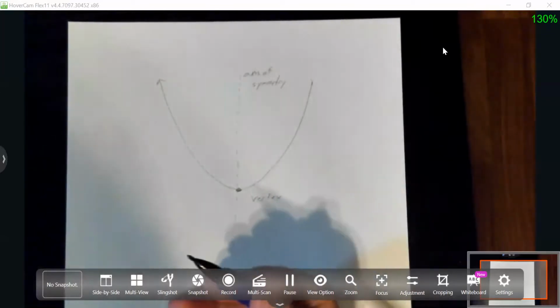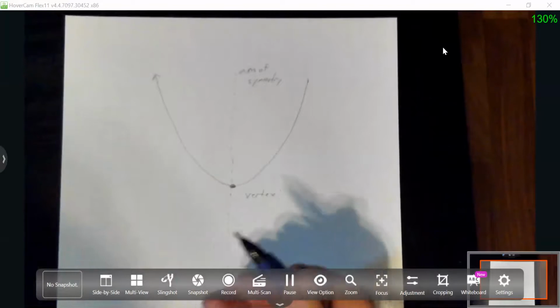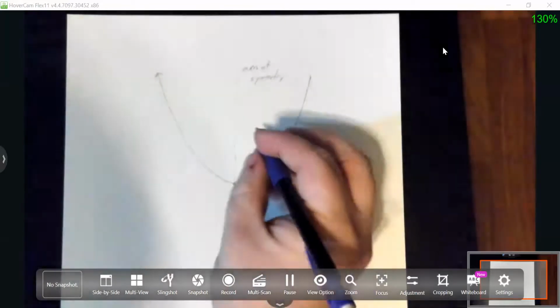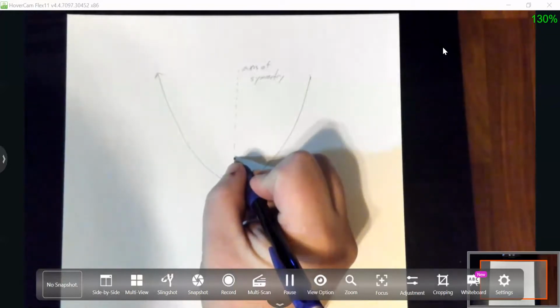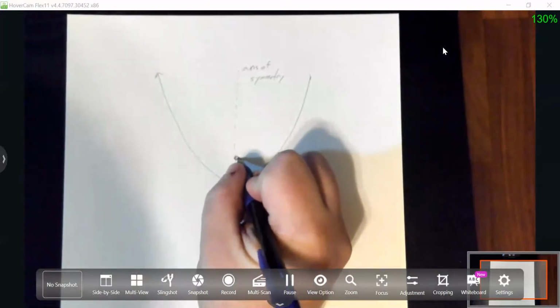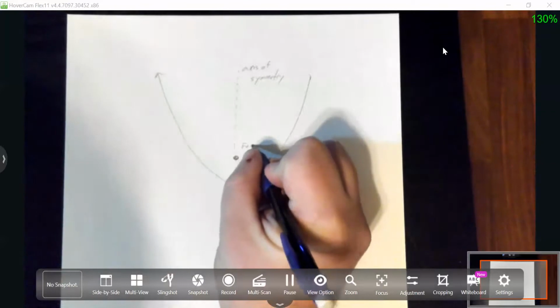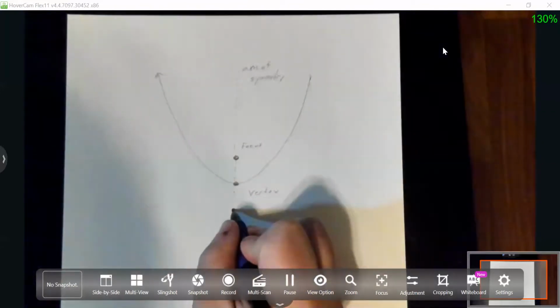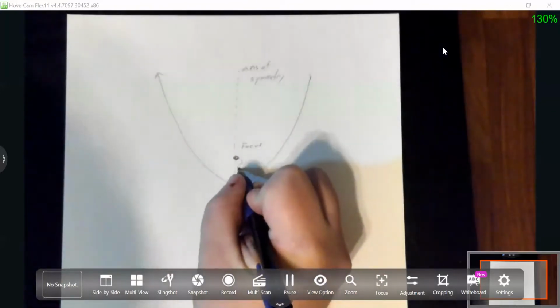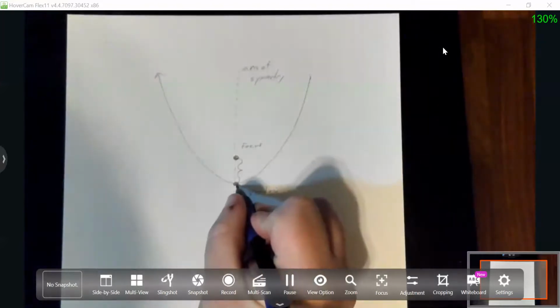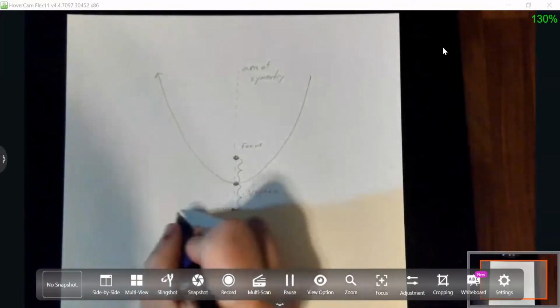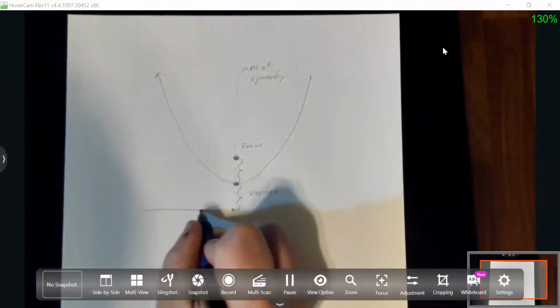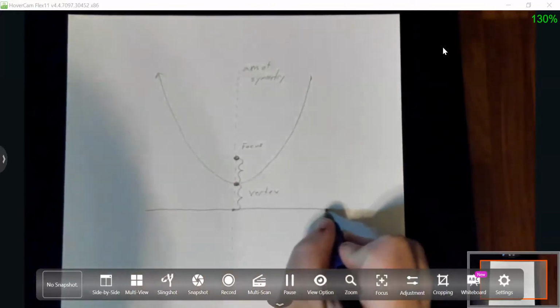We have something called the focus, and we have a line called the directrix. So we have a focus, and then equally distant from the focus, on the other side of the vertex, we have something called the directrix. And the directrix is going to be a horizontal line.